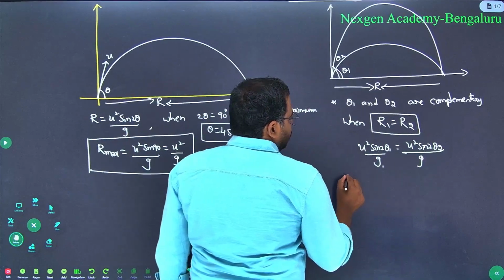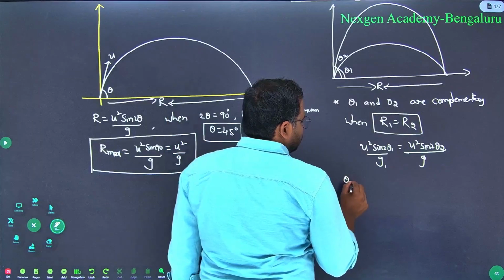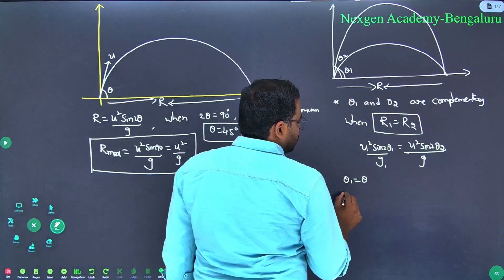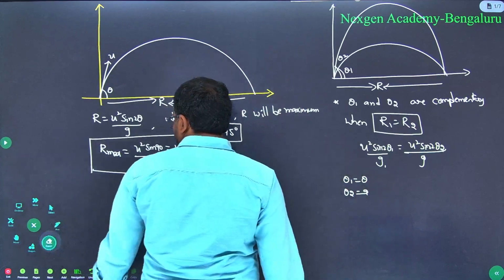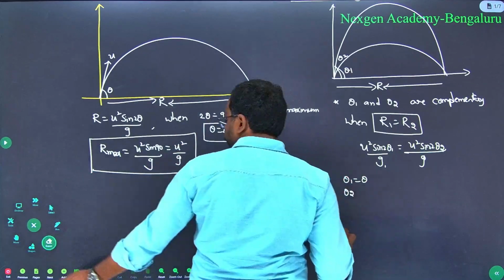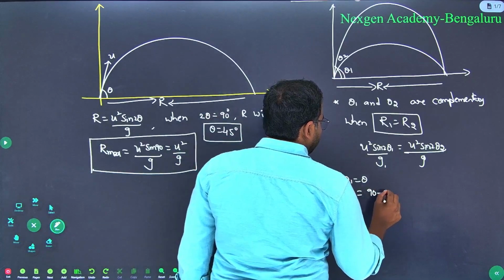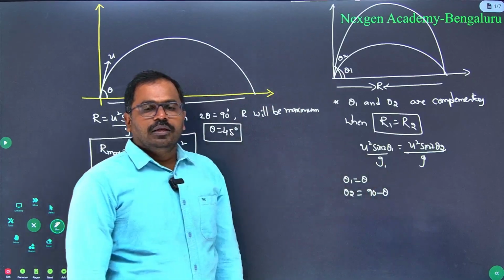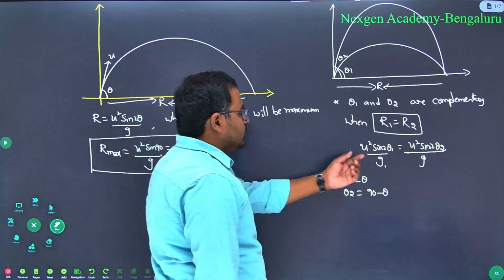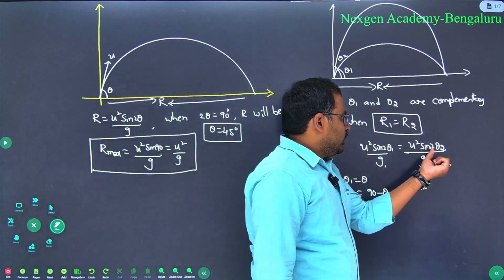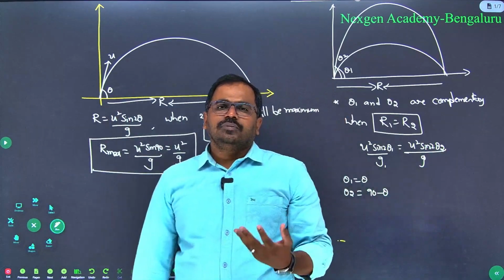The first possibility: theta 1 is equal to theta, and theta 2 can be 90 minus theta. If you observe sine 2 theta 2, here 2 into 90 minus theta becomes sine of 180 minus 2 theta, which is equal to sine 2 theta.